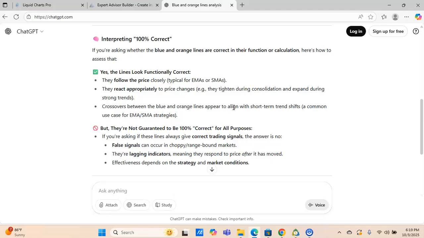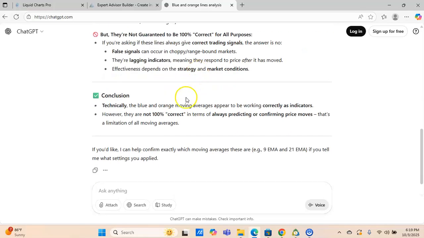We cannot beat consolidation. We have to accept consolidation. You know what I mean? Conclusion: technically, the blue and orange moving averages appear to be working correctly as an indicator. However, they are not 100% correct in terms of predicting and confirming price moves. That's not true. Now watch this.